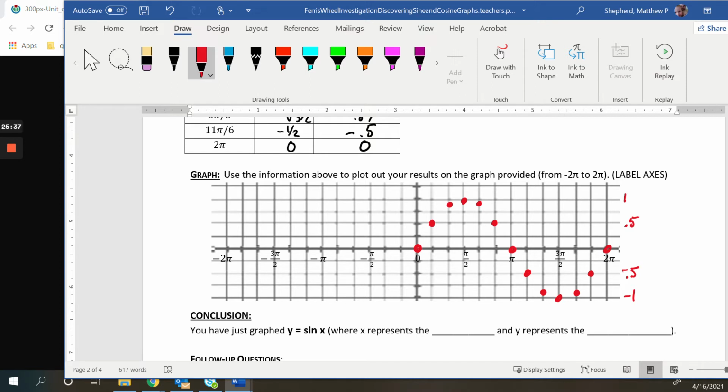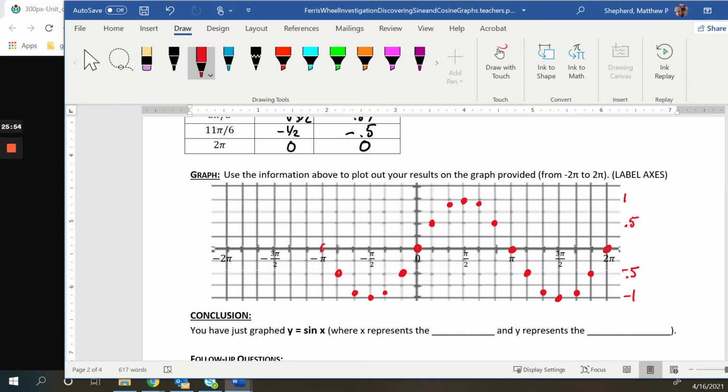Going behind us, it would be that same pattern. It's already going down. The next would be, we'd go down to the negative 0.5, then the negative 0.9, negative 1, negative 0.9. We're going to start coming back up the Ferris wheel.